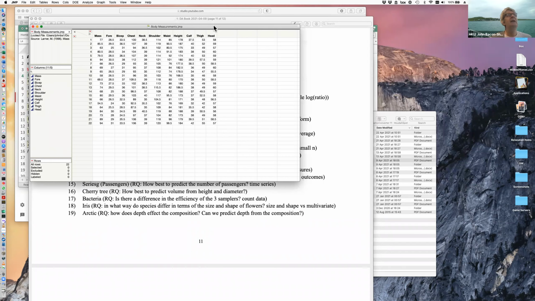What we have here is a large number of measurements on the body of, I think, 22 different individuals. For these 22 individuals, we have their mass, or if you prefer, their weight, and then we have forearm and bicep.